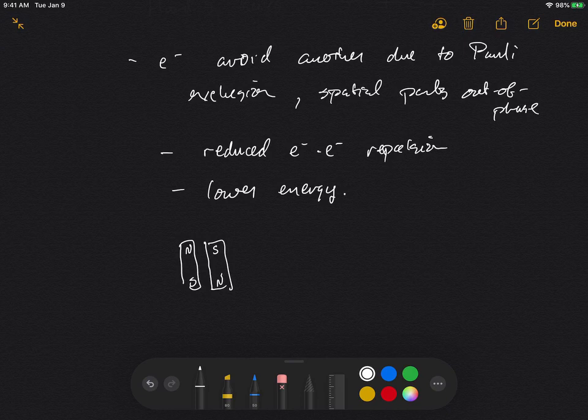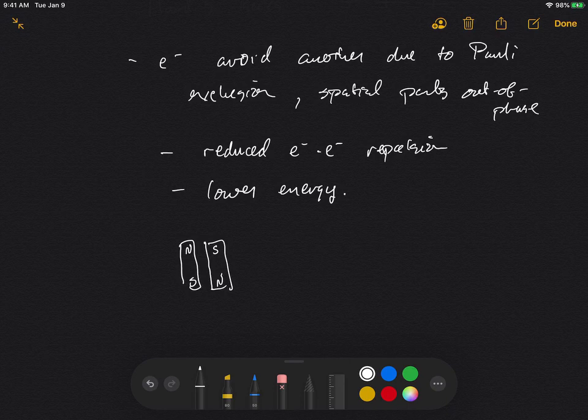But this kind of analogy breaks down in the case of electrons, and it's because of this strange quantum mechanical interaction, the fact that electrons that have like spin tend to avoid each other, and this is a statistical tendency.